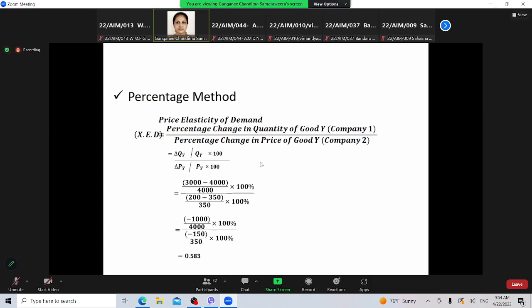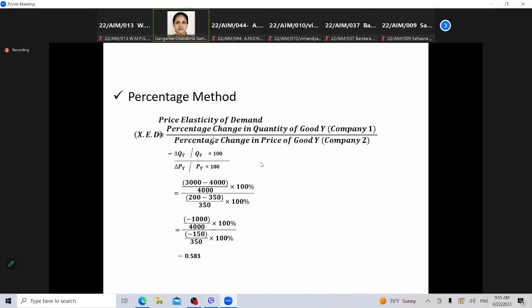Now you can try the same by using the arc method and point method. Now the answers are there. I hope you can try now. Point method, 2 points. Arc method, just the average. Try that one as well.